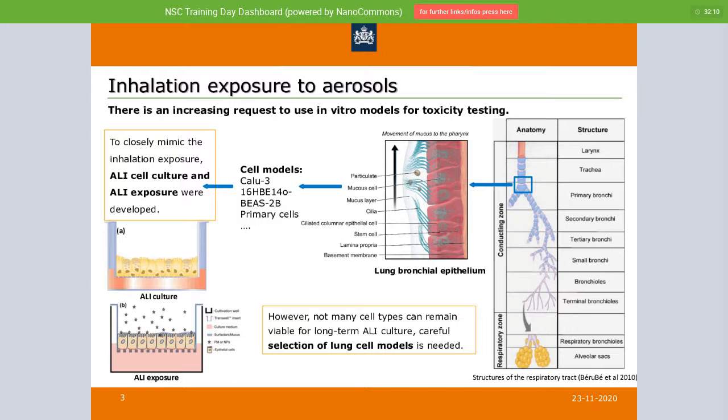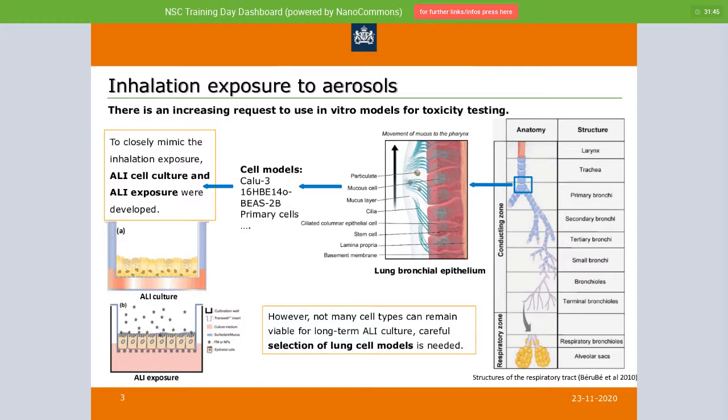To closely mimic the inhalation exposure, air-liquid interface culture and air-liquid interface exposure were developed. So during the air-liquid interface exposure, the cells can be directly exposed to various substances. It's real-time exposure, and there is no loss during the exposure, and it's also what happens in our lungs.